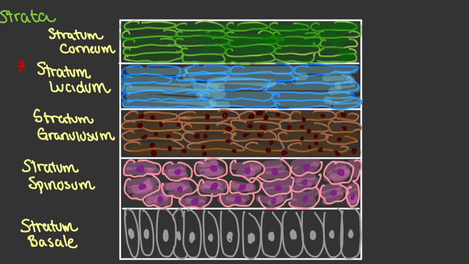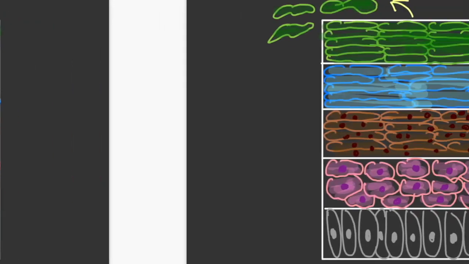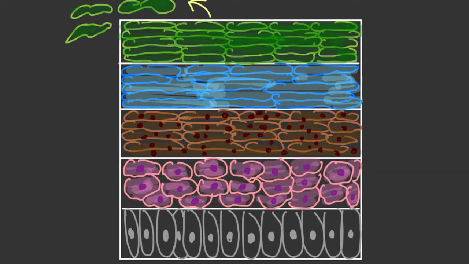So again, here are the layers of our epidermis from deep to superficial. We have the stratum basale, the stratum spinosum, the stratum granulosum, the stratum lucidum, and the stratum corneum. Now let's take just a few moments and talk about a process that we refer to as keratinization. Now, keratinization is a process that's oftentimes referred to by the term turnover or regeneration.